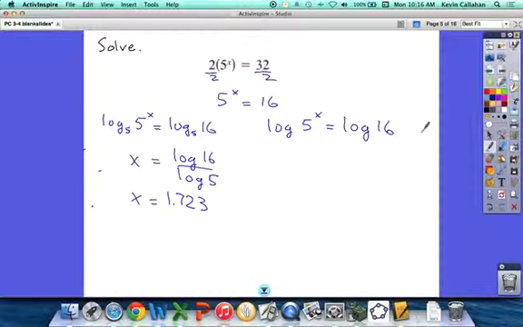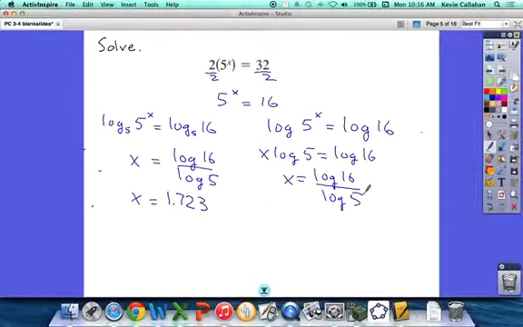How would I use the power property to simplify the left side? Bring down the x in front, right? So now it becomes x log 5 equals log 16. Divide both sides by log 5: x equals log 16 over log 5.